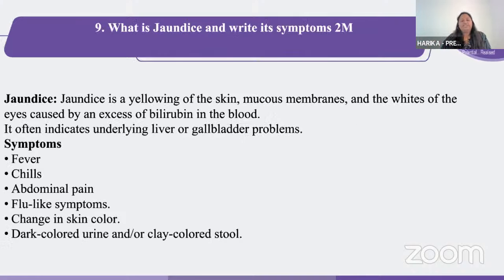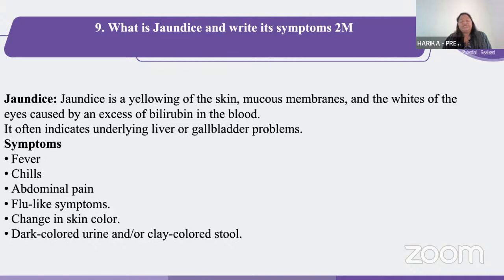Okay, next one. What is jaundice? And write its symptoms. So with jaundice, whenever a patient is suffering from jaundice, his or her skin completely becomes yellow. Why is the skin becoming yellow?